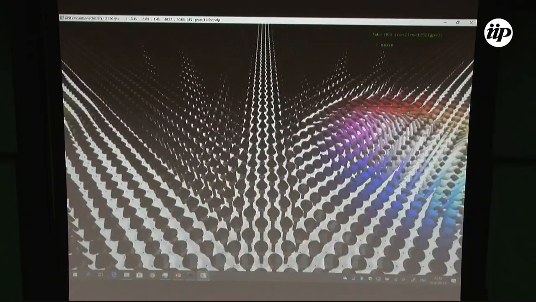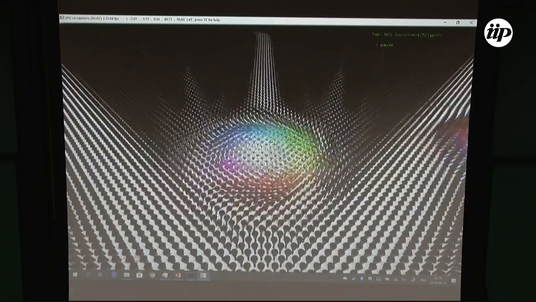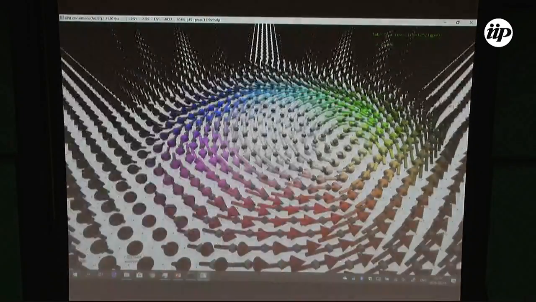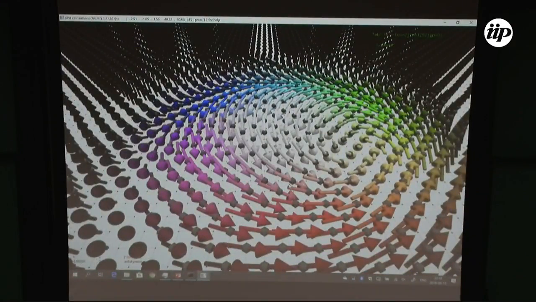But there is a difference if you consider this one. Imagine you are moving in any direction in the plane, and you can find that along this direction, the spin rotates in only one direction. So only in a certain chirality.